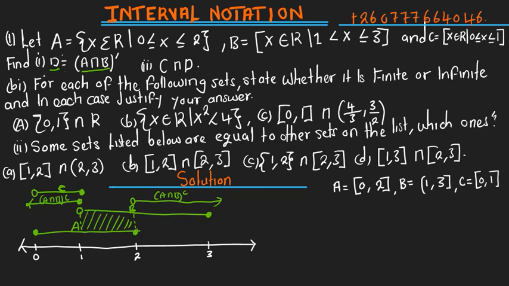So what is that set? A intersection B complement is a set which is coming from 0 included all the way to 1 inclusive.